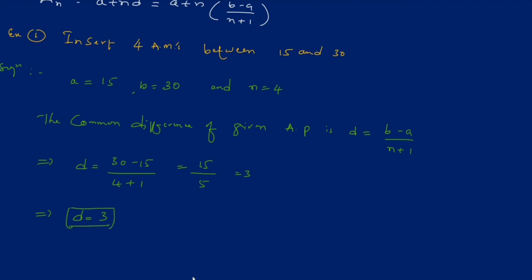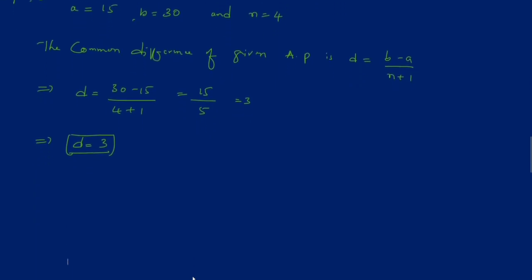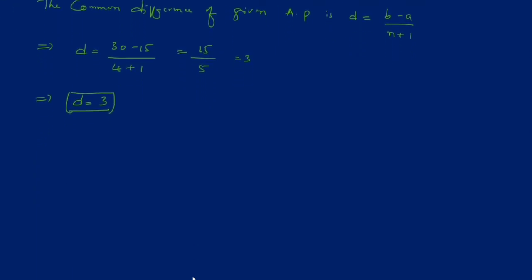Thus the required AP is 15, 18. The difference must be 3 between two terms, right? 15, 18, 21, 24, 27, and finally 30, right?